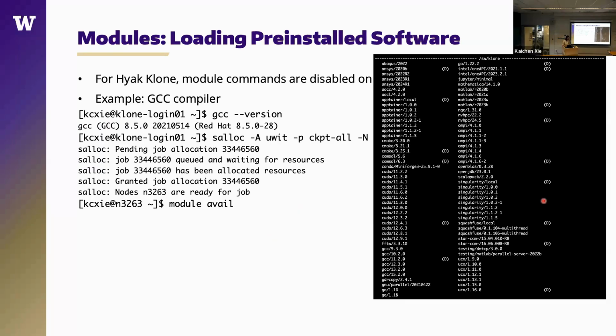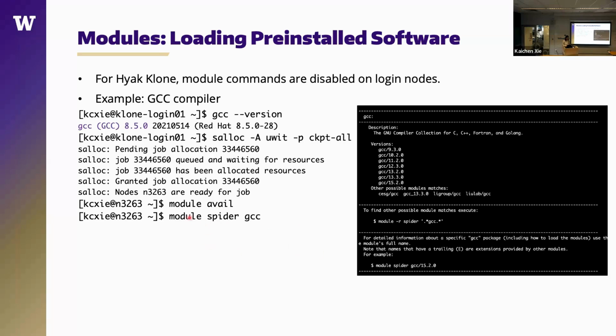If you are interested in a specific package, you can search with module spider, followed by the name of the package. Here it is GCC. Then it will show you all GCC installations with different versions on the cluster.